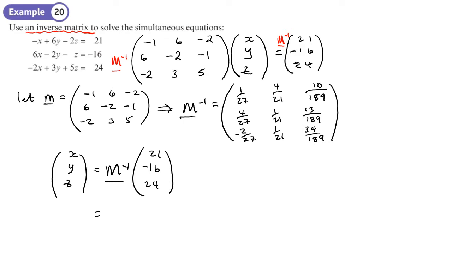So I'm now going to press option again. I'm going to define a new matrix. I'm going to call this matrix B, number 2. This one, the number of rows is going to be 3 and the number of columns is going to be 1. So I enter in 21, negative 16, 24. Okay, press Option and make matrix calculation number 3.